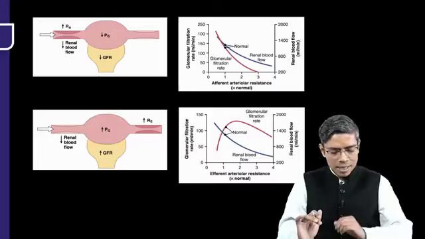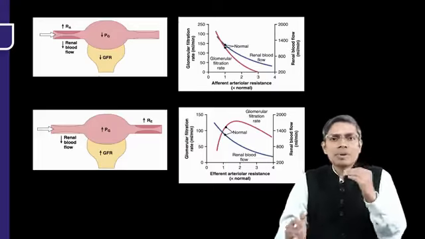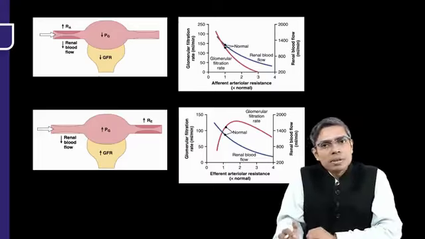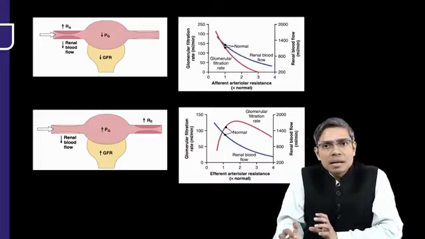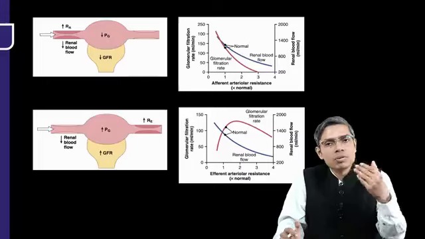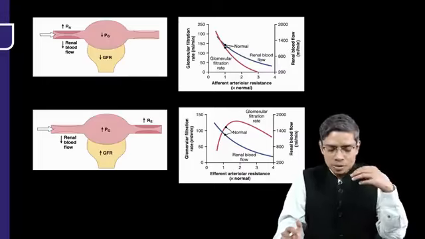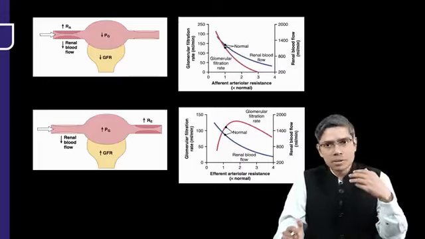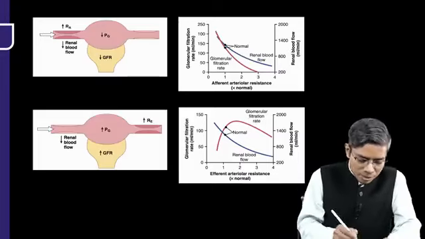Now next is, apart from autoregulation, the afferent and efferent arteriole constriction or dilatation can also change the GFR. This is one of the must-know concepts that you have to understand. First you look at the afferent arteriole.